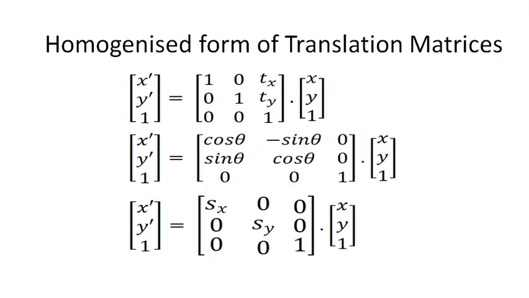So by now you have seen that the translation matrix, rotation matrix and scaling matrix are all now 3 by 3, having the same dimension, and all of them are of multiplicative nature. By doing so, we have changed all the matrices into a uniform 3 by 3 matrix which is multiplicative.